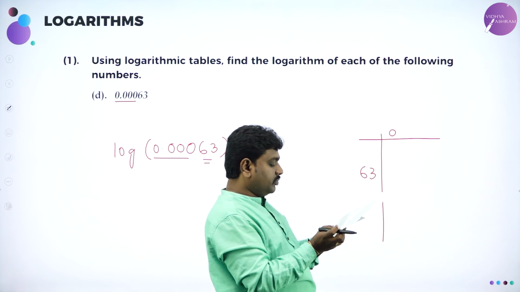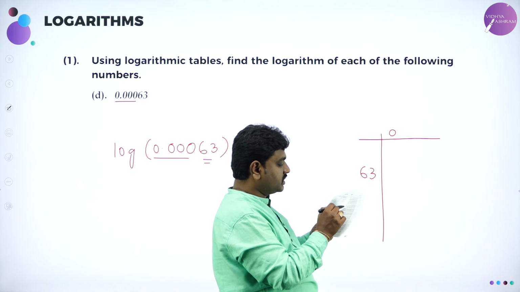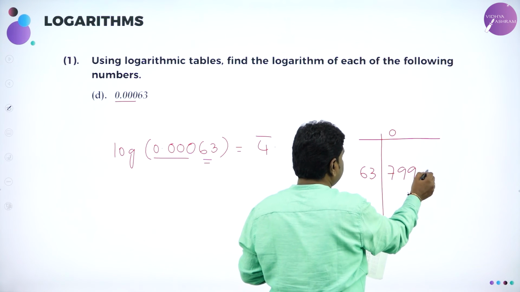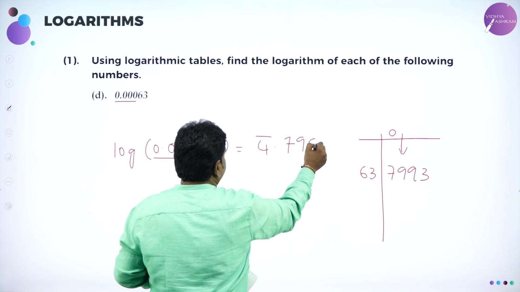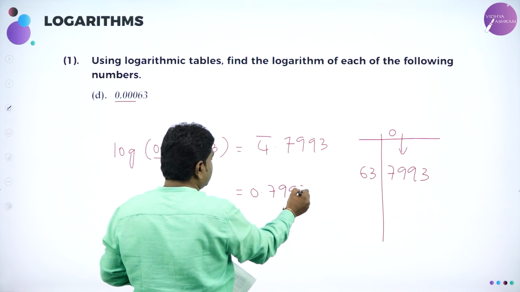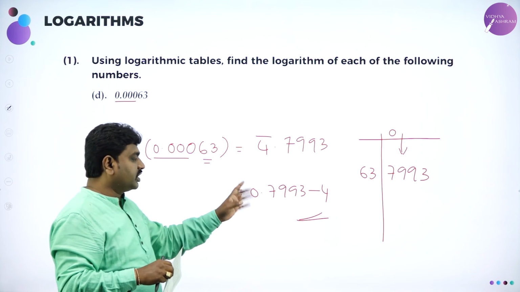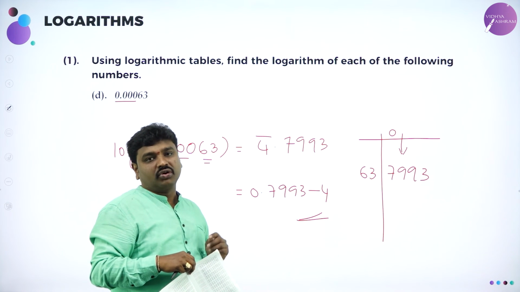In the column 63 under 0, you see 7993. What is the meaning of this? This is minus 4 plus 0.7993. You do it, you will get the answer in negative. You can use a calculator further after using the logbook.